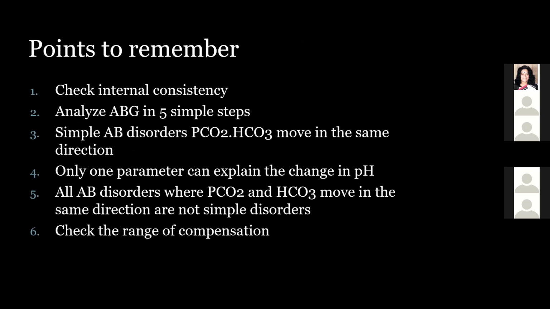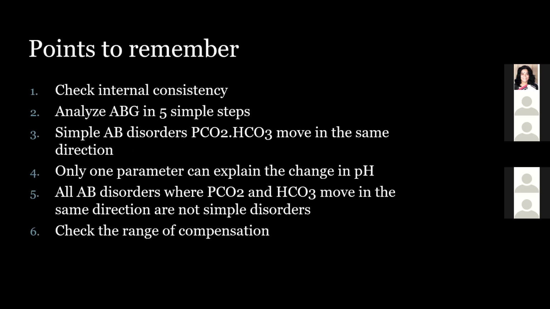So to conclude, to summarize all that we did today, the points to remember: check internal consistency and validity of the ABG. When you do that, you have to use the serum bicarbonate and not the bicarbonate of your ABG. You use the PCO2 from the ABG and the bicarb from the serum.